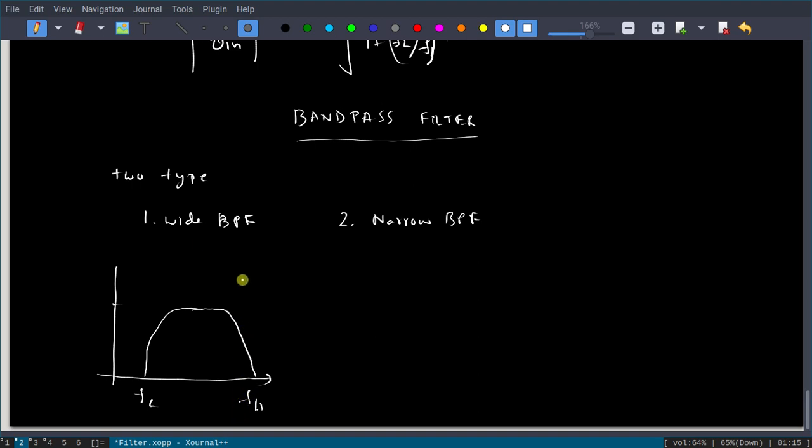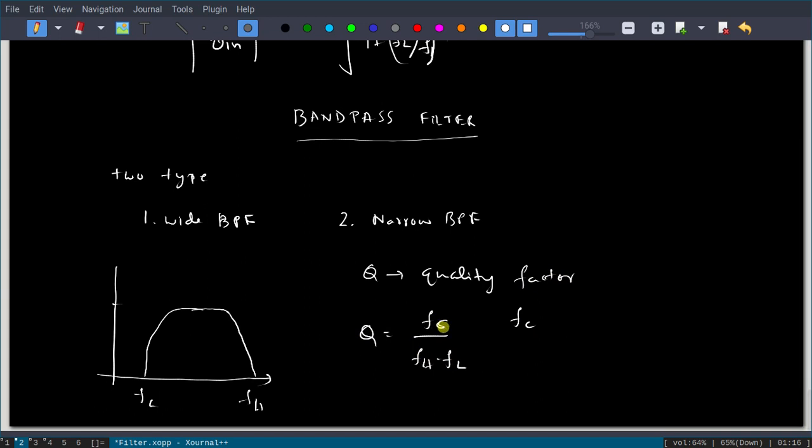So here wide band pass filter means it depends on the bandwidth. So wide band and narrow band, usually it is described using a term called quality factor, Q. It is defined like this: Q equal to FC divided by FH minus FL, where FC is the center frequency.